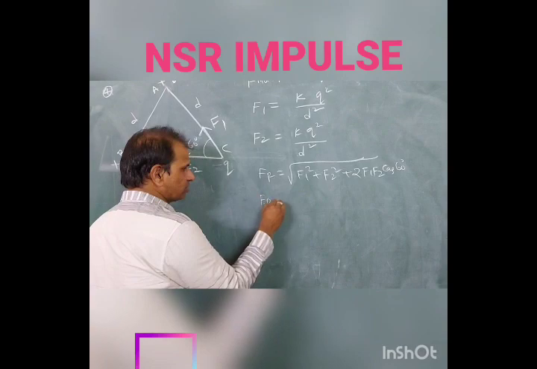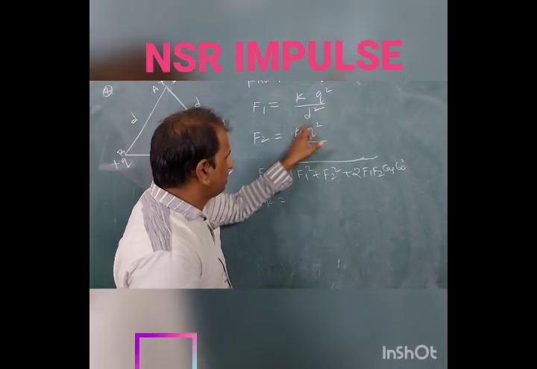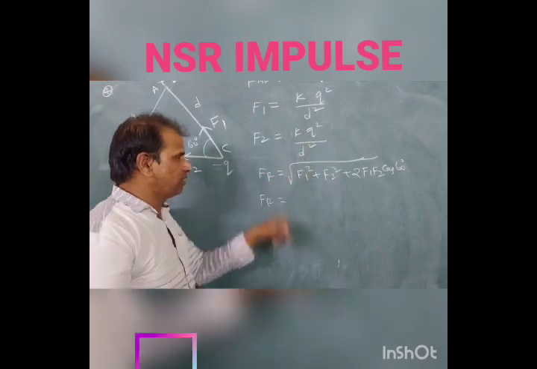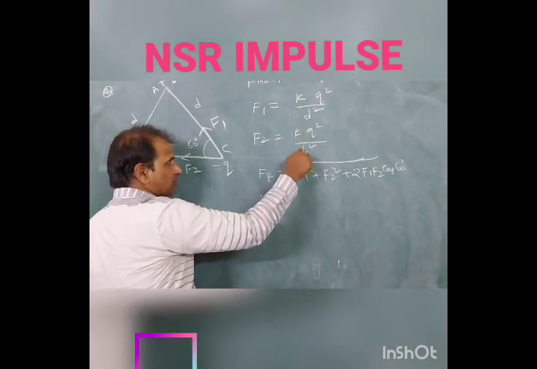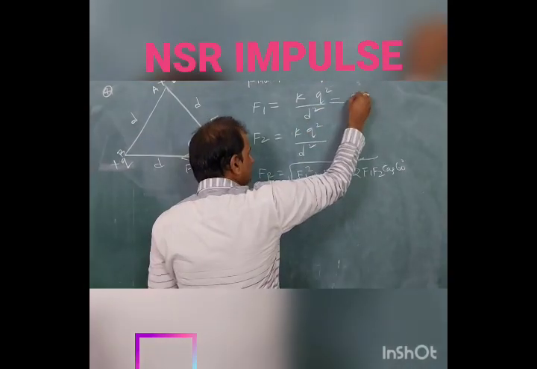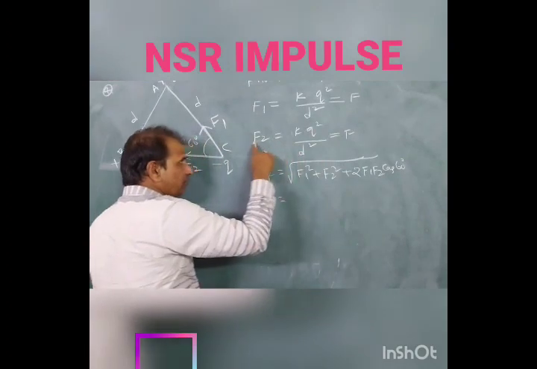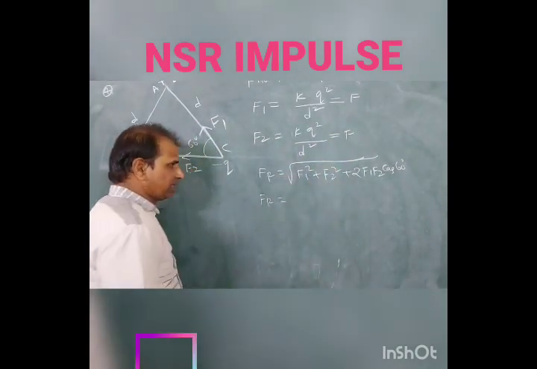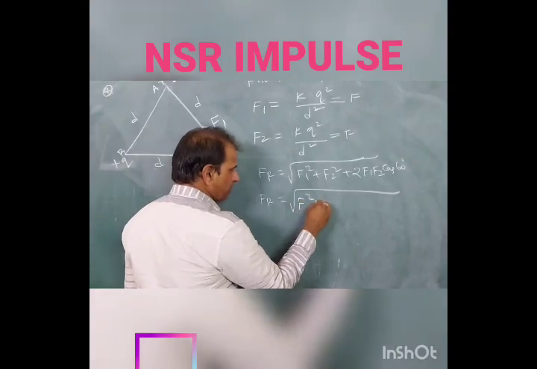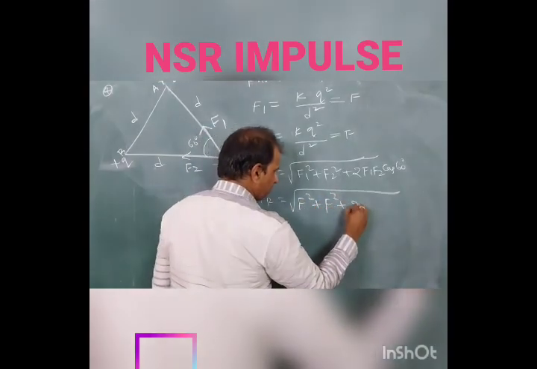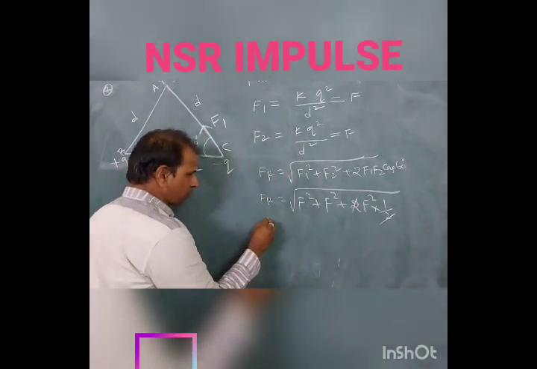So the resultant force again comes as K Q square by d square and K Q square by d square. The magnitudes are the same, so the forces are equal. That means F1 can be taken as F, and F2 can also be taken as F. So the square root of F square plus F square plus 2F square cos 60, which is 1 by 2.